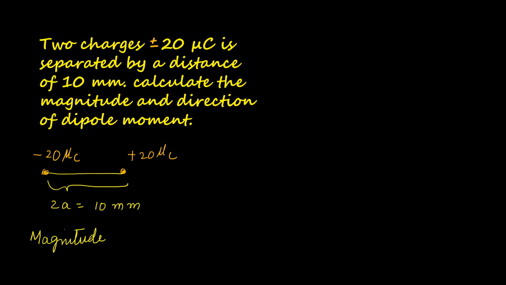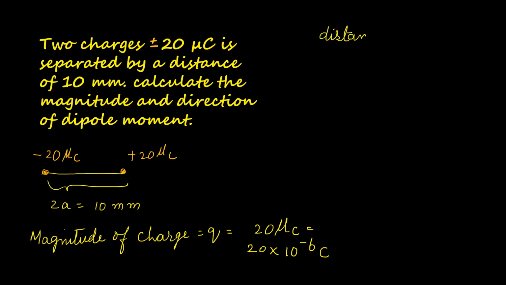Magnitude of the given charge Q is equal to 20 microcoulomb. Convert to SI unit. This becomes equal to 20 into 10 raised to minus 6 coulomb. Distance 2a is equal to 10 millimeter. In SI system, it becomes 10 into 10 raised to minus 3 meter.